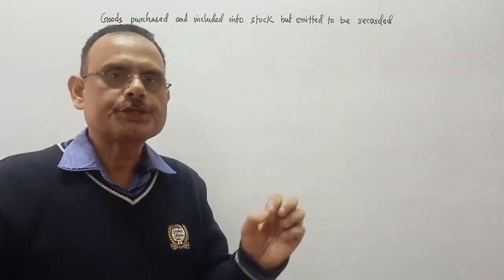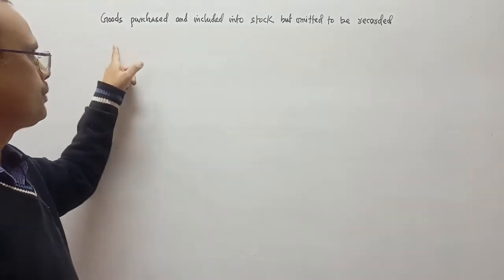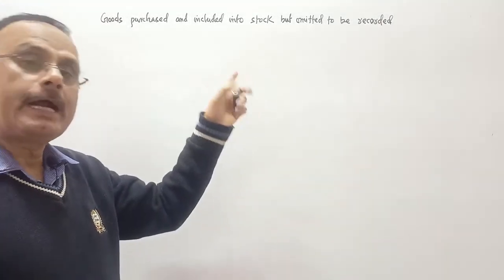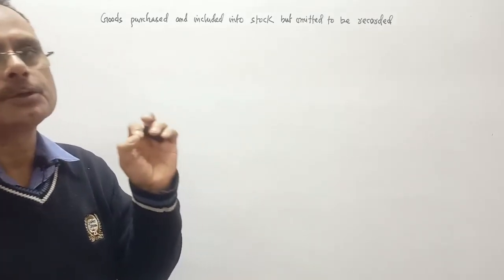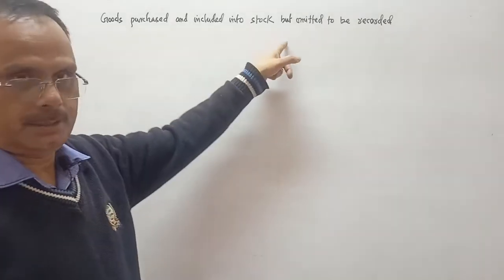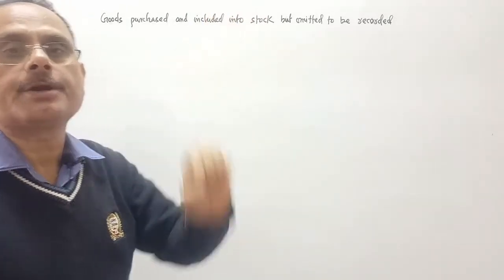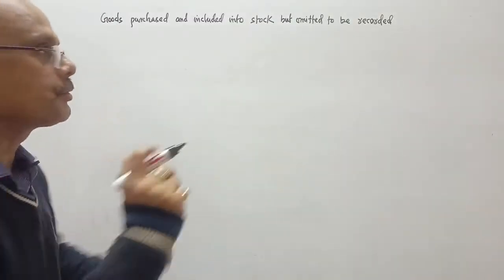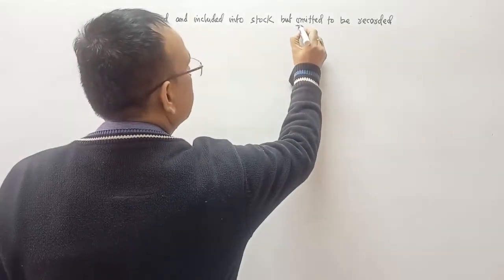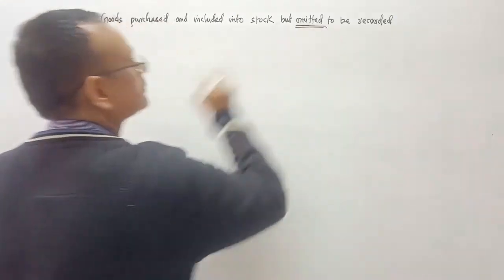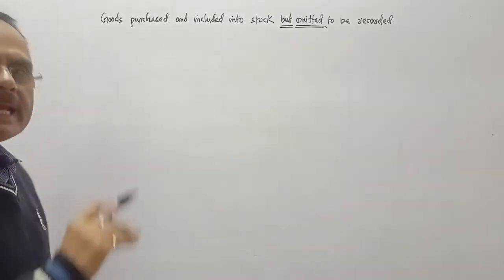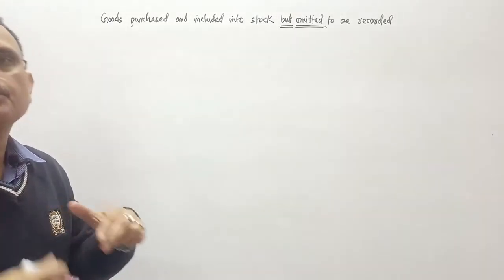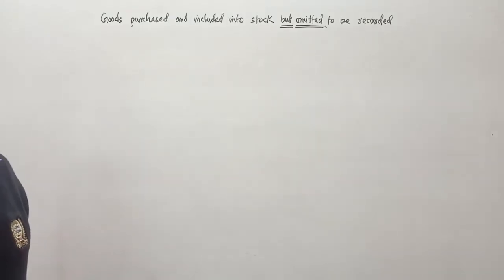The next adjustment is goods purchased and included in stock, but omitted to be recorded, means forgot to record. Goods purchased, taken into stock but omitted to record in the books.